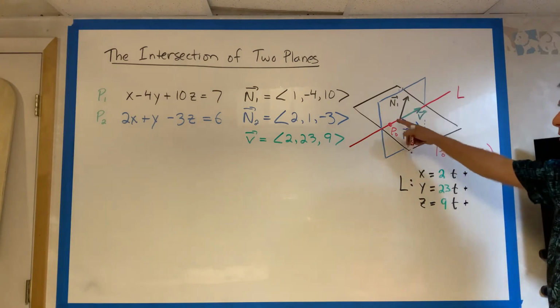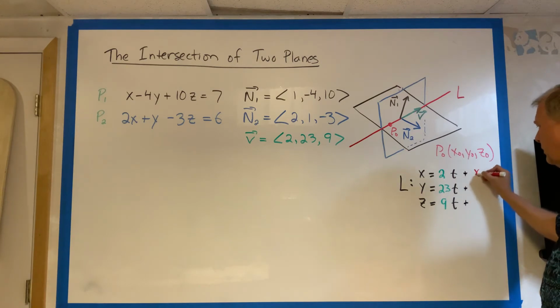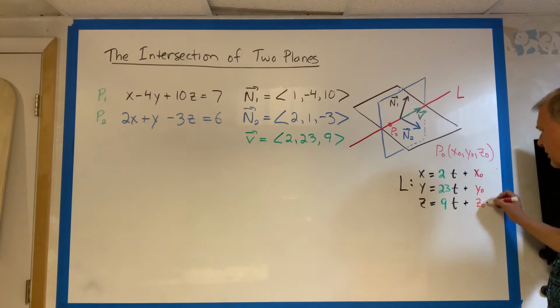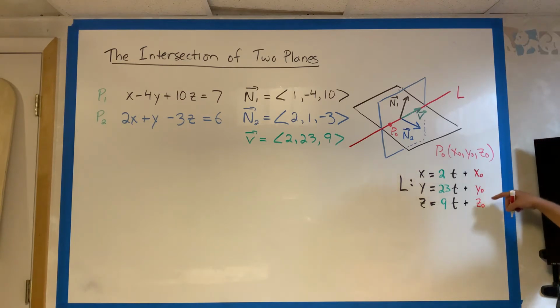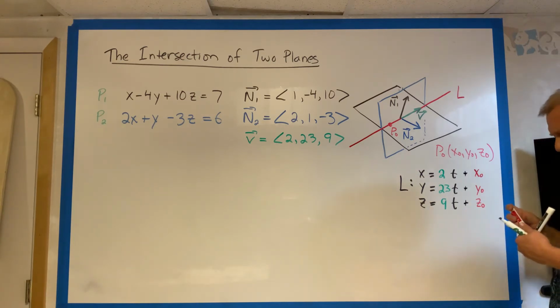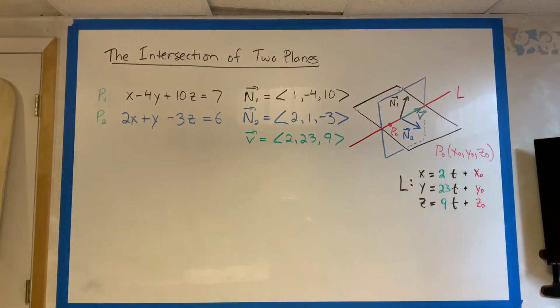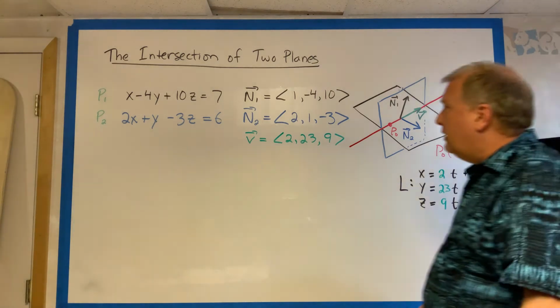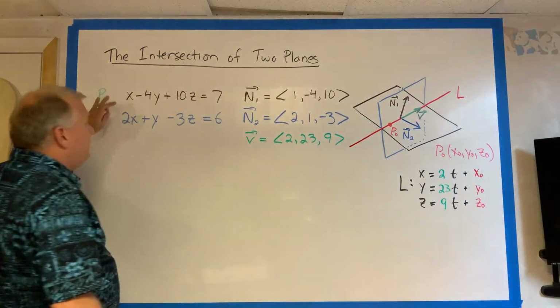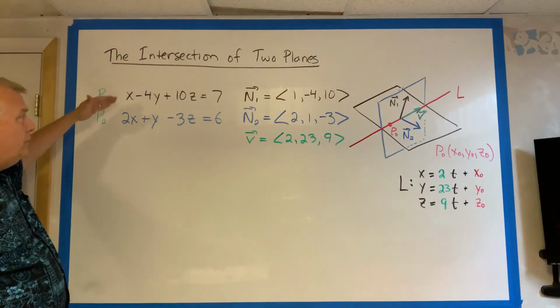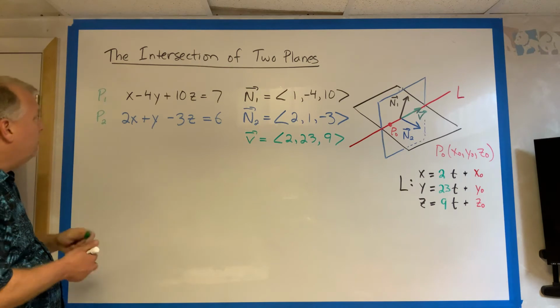If I find a point that belongs to both planes, then it will be on the intersecting line, and I'll be done. But I need to do some work to find this x naught, y naught, z naught. So how do you find a point that satisfies both of these equations right here? I literally have to solve the two equations and the three unknowns.